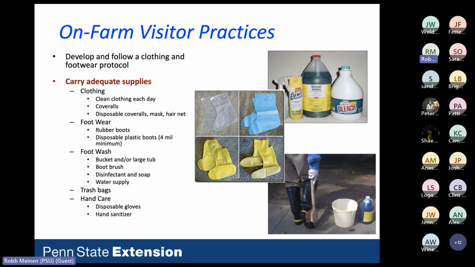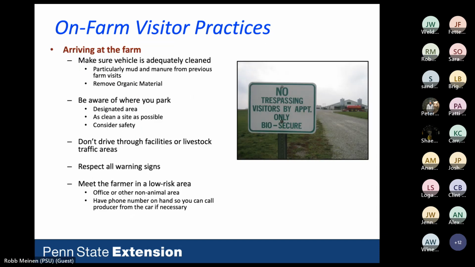If you're going to make a lot of farm visits, you might want to have rubber boots and then clean those off before you take them away from the farm. Foot wash material, I mentioned that, would include the bucket, the tub, boot brush, disinfectant, soap, water supply, trash bags, and then hand care. We could include disposable gloves and sanitizer.